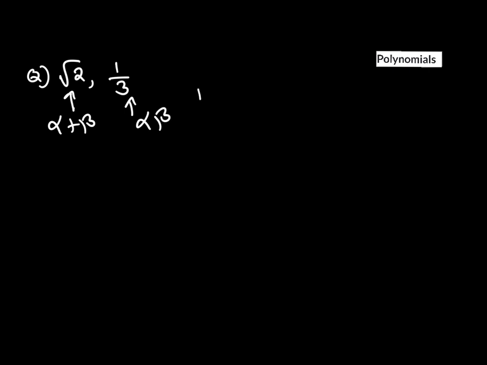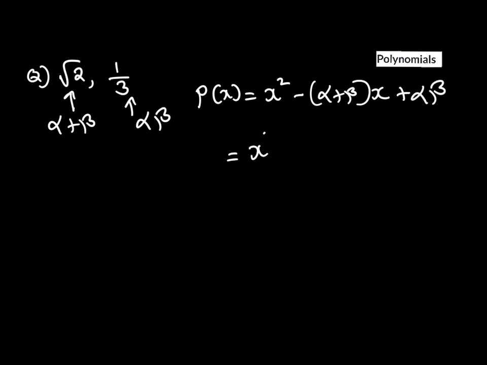And we also know that in general, when we know the sum and product of the zeros of the polynomial, it's going to be x squared minus (alpha plus beta), the sum of the zeros, times x plus alpha beta. So now we can substitute x squared minus the sum of the zeros, root 2, times x, and the product of the zeros is 1 over 3.